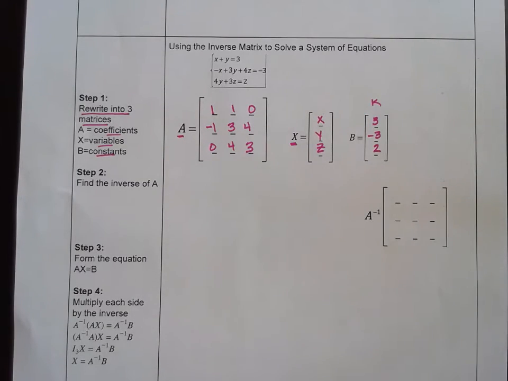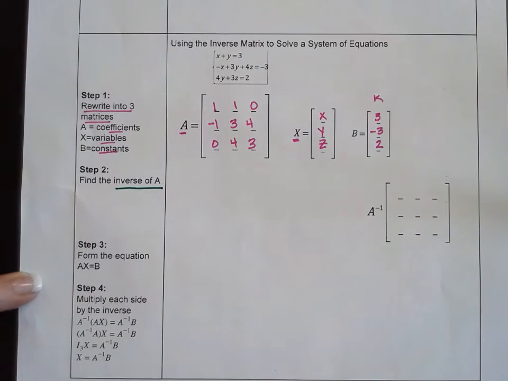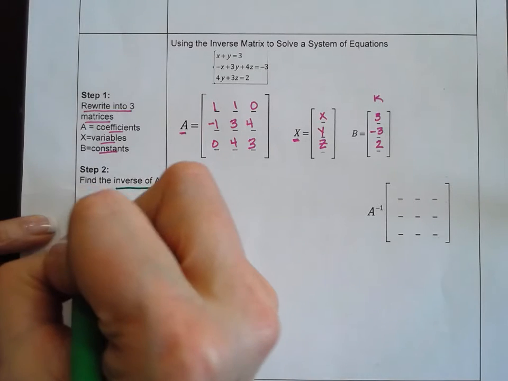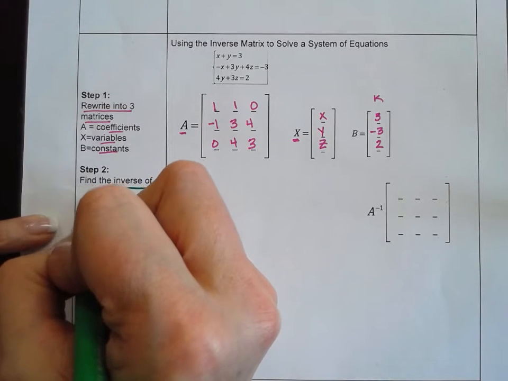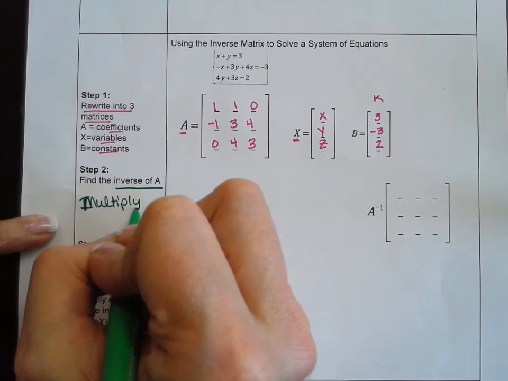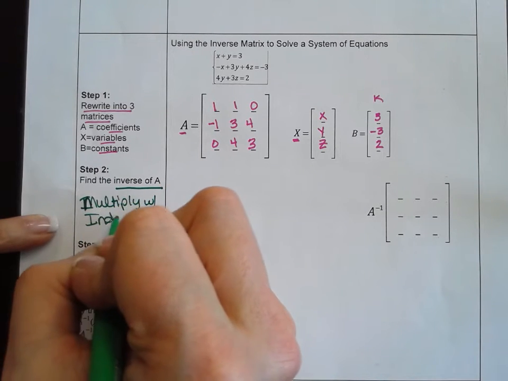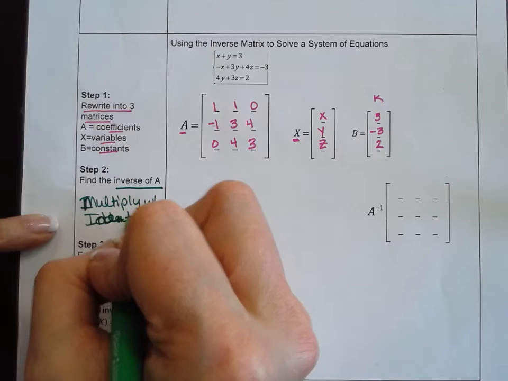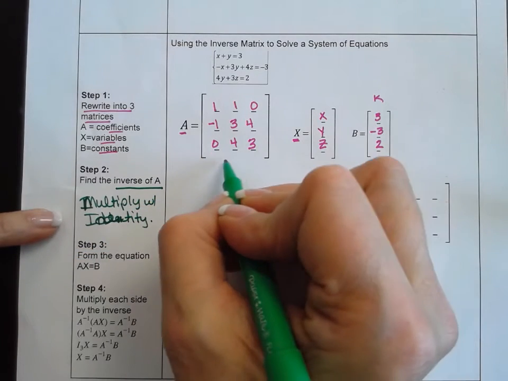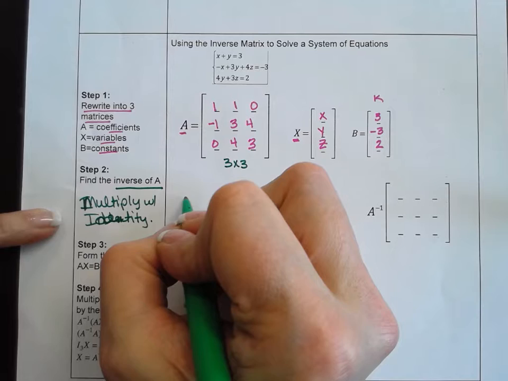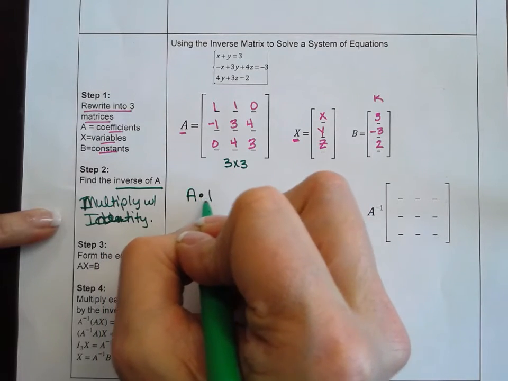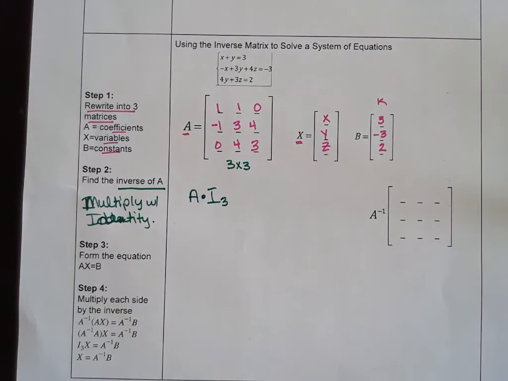Okay, good? All right, so the next thing we need to do is find the inverse of A. How did we find the inverse of A? Beautiful. Use your identity. So you multiply with the identity. I have a 3 by 3, so that means I'm going to multiply A times my identity of 3.